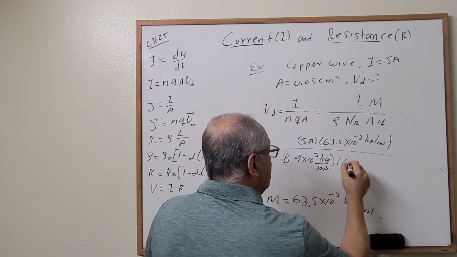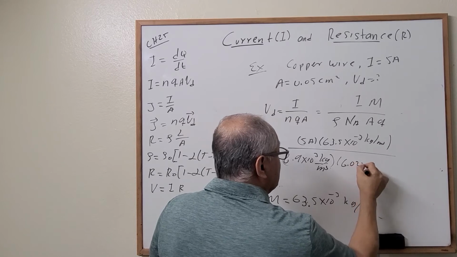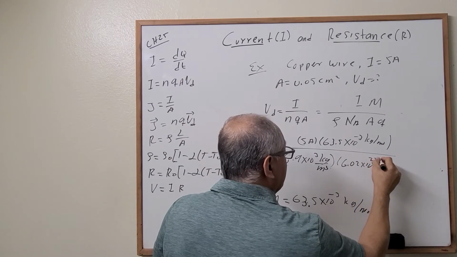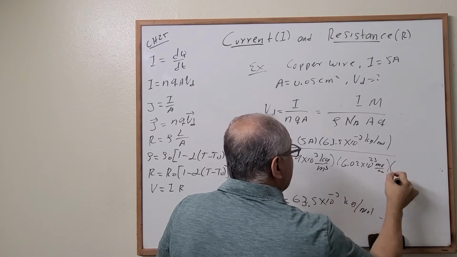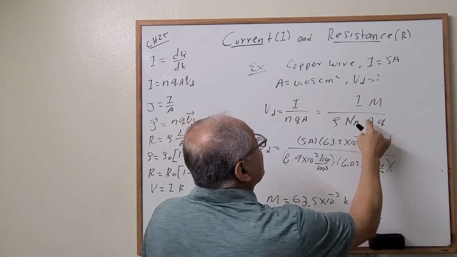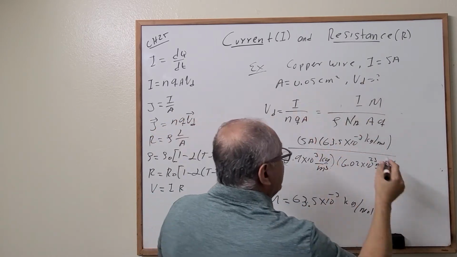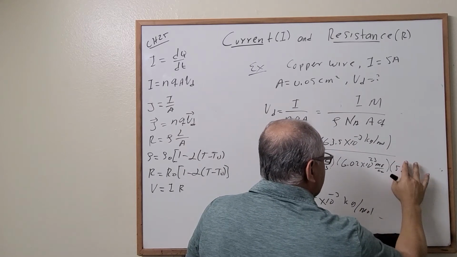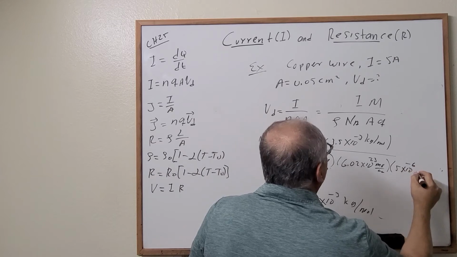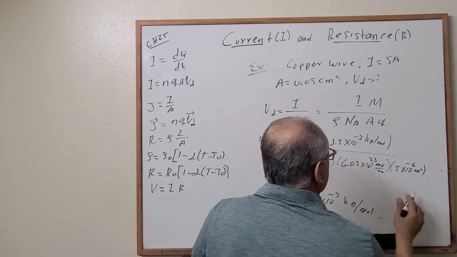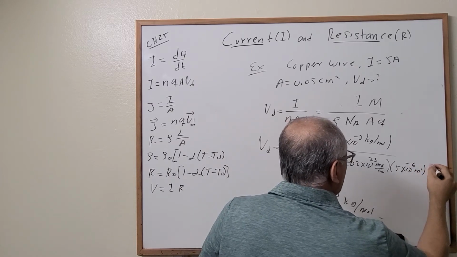which is 6.02 times 10 to the 23, right? Molecules per mole, correct? Times the area. Where's the area over here? It's going to be 5 times 10 to the negative 6 square meters. And finally, times the charge.